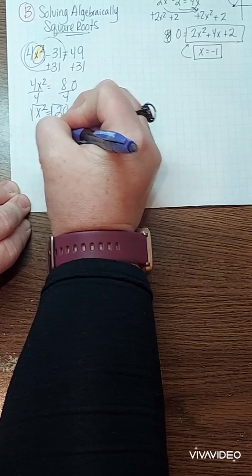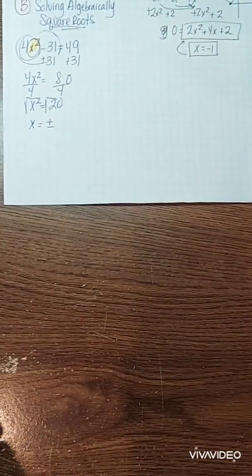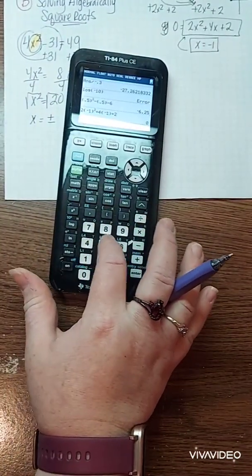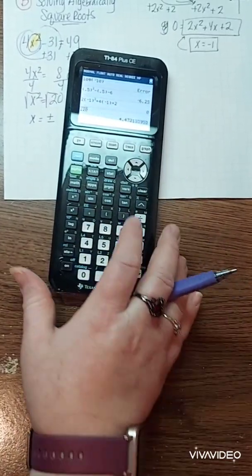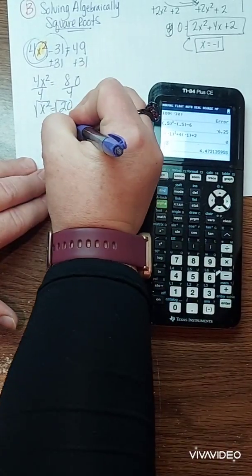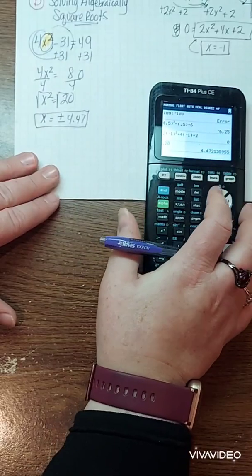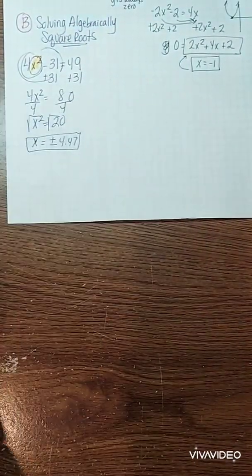X is equal to plus and minus because 2 negatives make a positive and 2 positives make a positive. So take the square root of 20, round to 2 decimal places. So that'd be 4.47. That's where it crosses the x-axis. Okay.